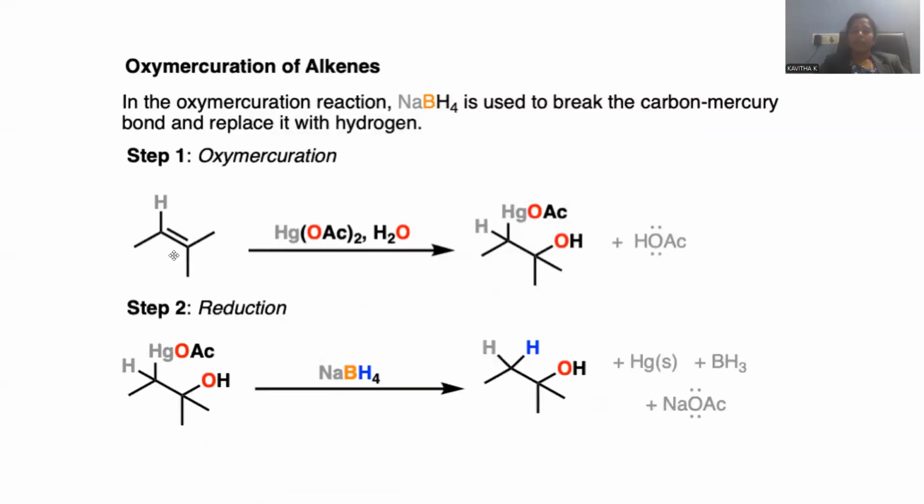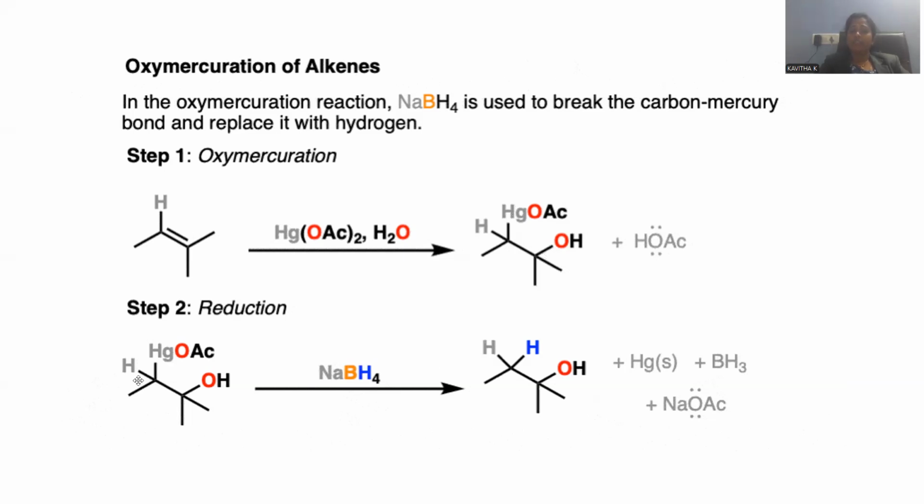In whatever examples we saw, the olefin is unreactive towards sodium borohydride. But whenever mercuric acetate under aqueous conditions is added, there is a provision to cleave the olefinic double bond first. On one side there is a formation of HgOAc, mercury acetate, at one edge, and at the other edge there is addition of hydroxyl on the other carbon. Then sodium borohydride is added, which releases hydride.